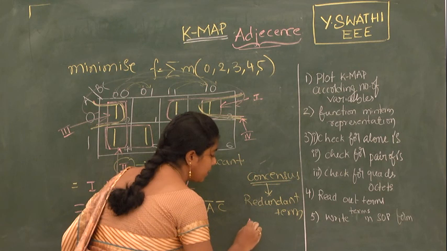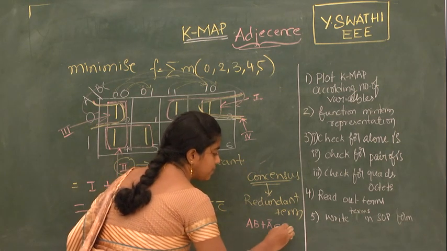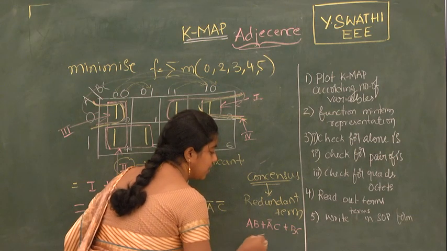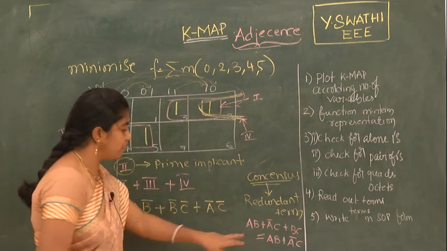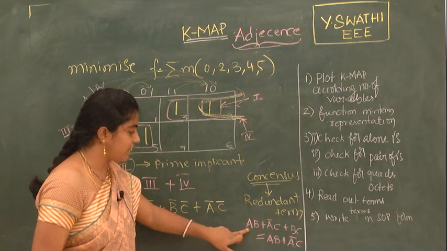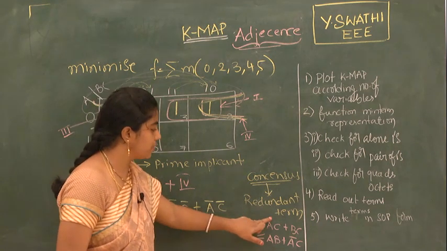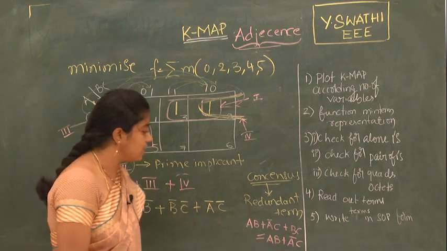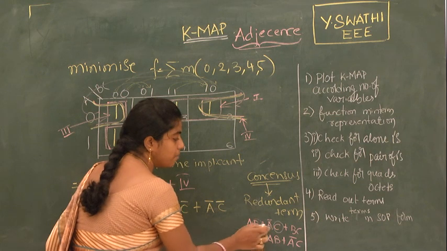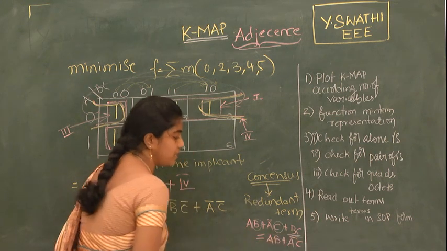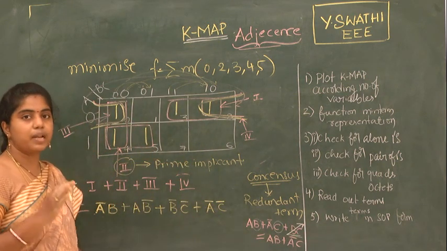So the example is, AB plus A bar C plus BC is AB plus A bar C. The first term contains A, the second term contains the complement of this variable, the third term contains the left out literals of these two terms. The left out literals are BC. If the third term contains BC, it can be dropped out.